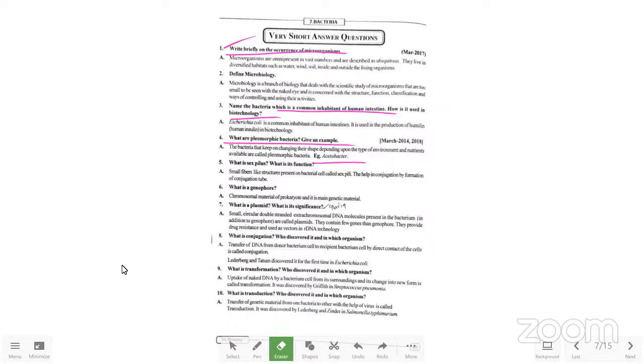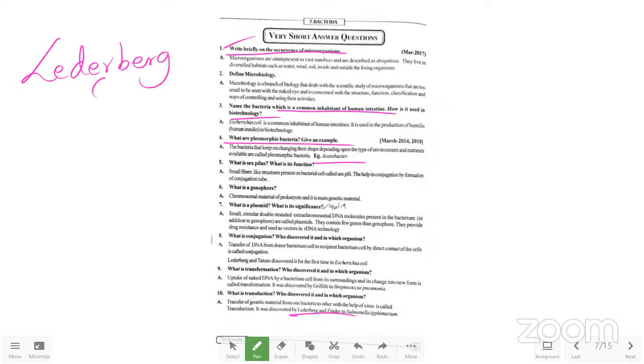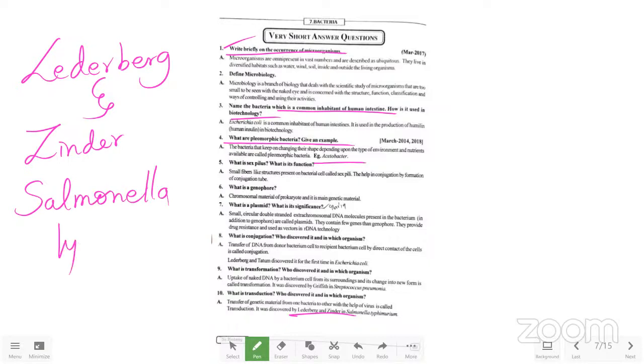This was given by Lederberg and Zinder, in Salmonella typhimurium. Okay.